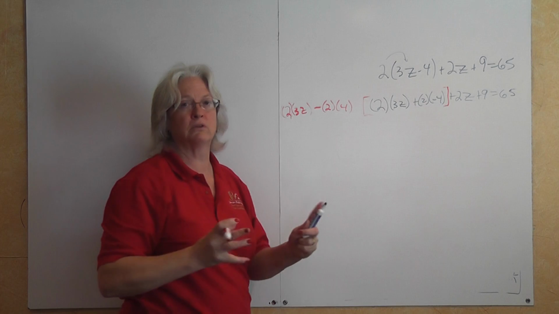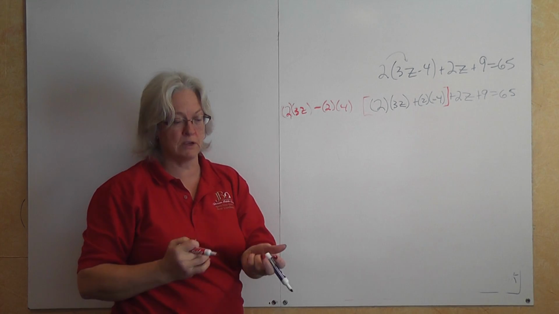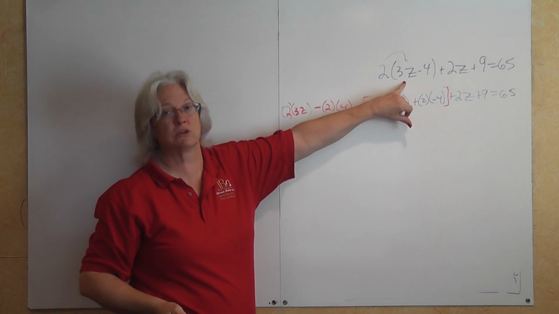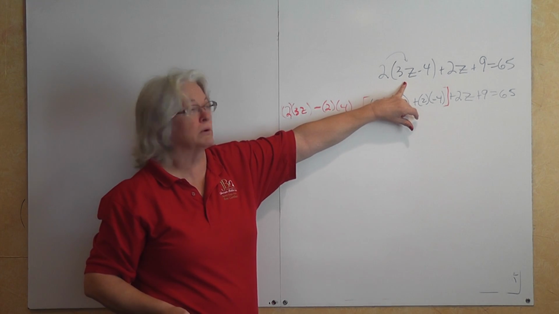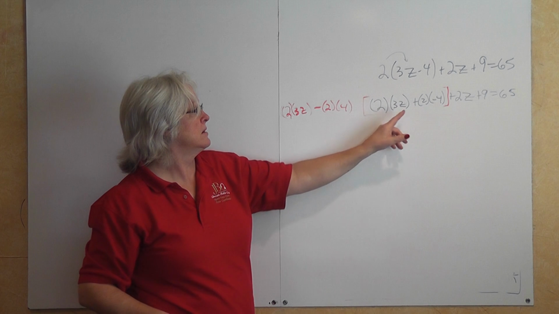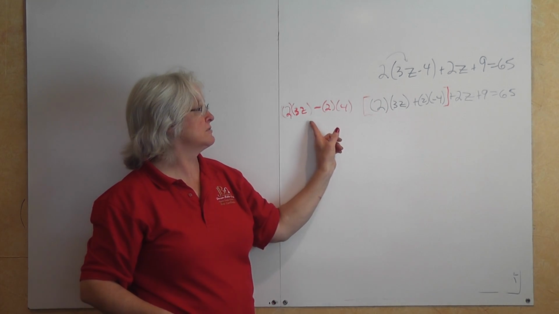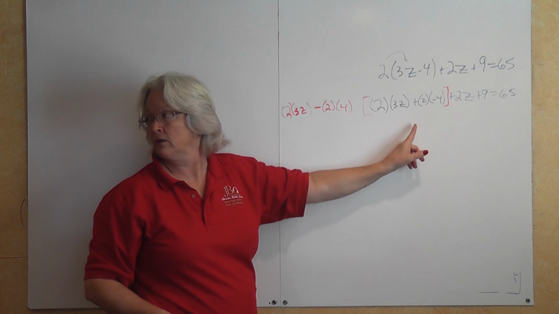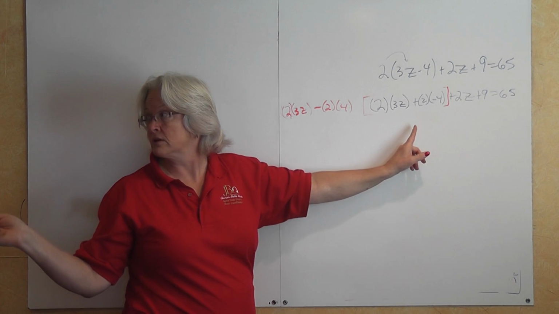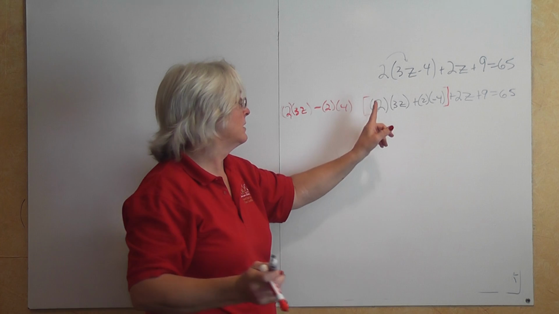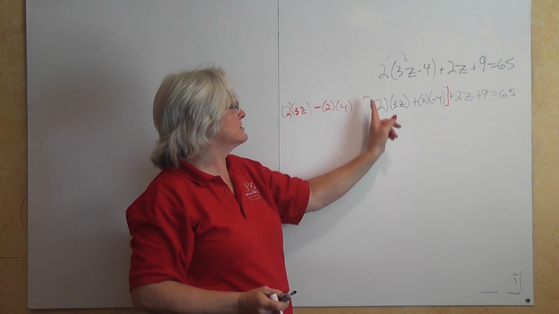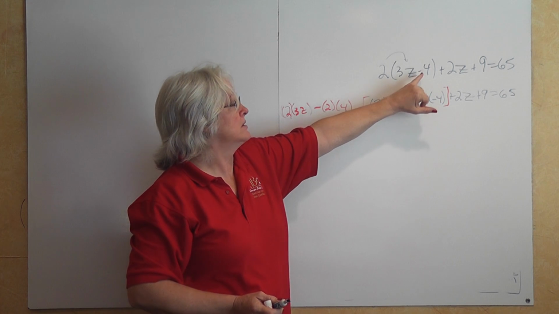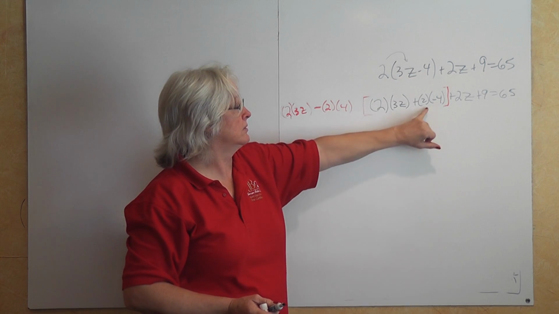When you distribute 2 times the quantity 3z minus 4, it's what they call the distributive property of multiplication in our pre-algebra book over subtraction. So 2 times 3z minus 2 times 4. We also can write this as addition, where we keep the sign in front of the 4, plus 2 times a negative 4.